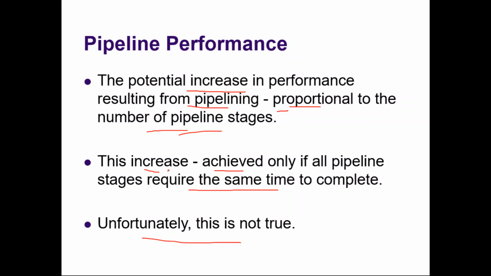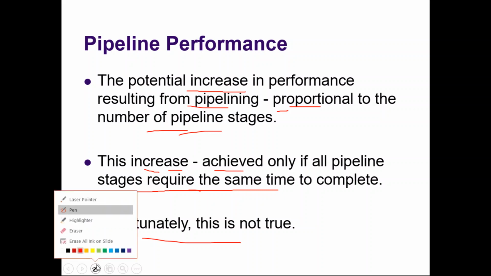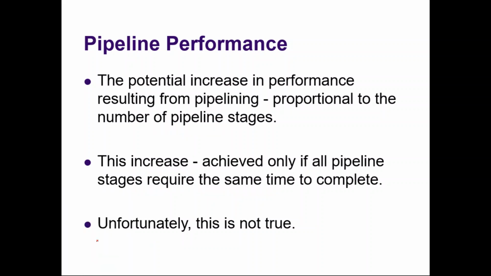This increase can be achieved only if all pipeline stages require the same time to complete. That is, everything should require only one clock cycle, nothing should be delayed. Then only can we ensure this performance increase, which is proportional to the number of pipeline stages.